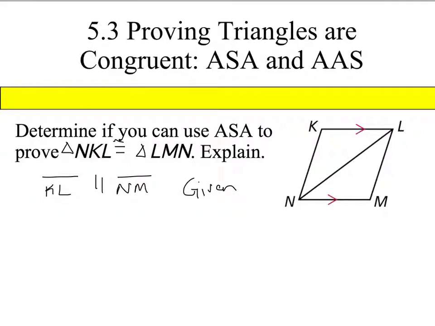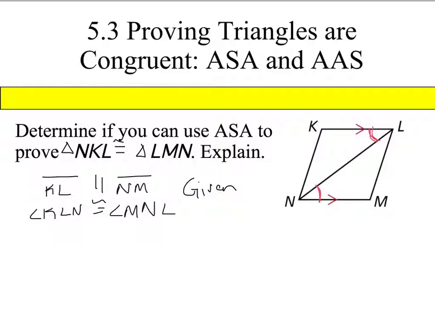I also know that angle KLN is going to be congruent to angle MNL. How do I know that? Looking at those two angles, what type of angles are those?